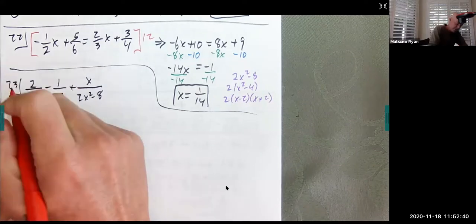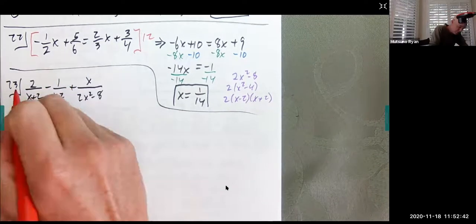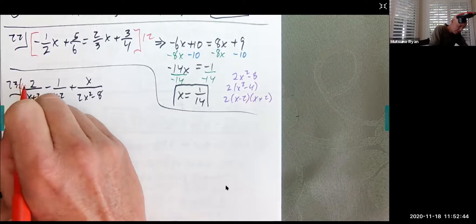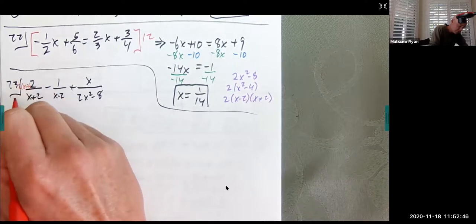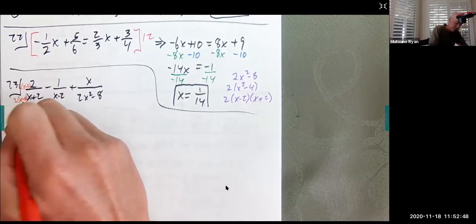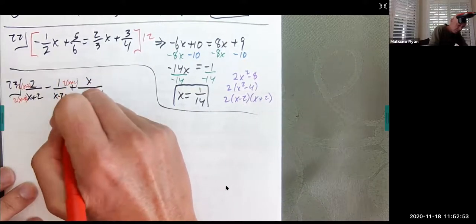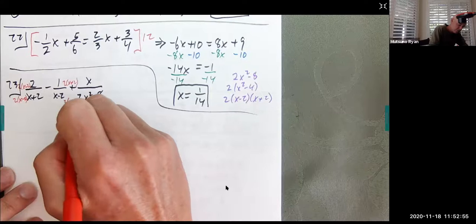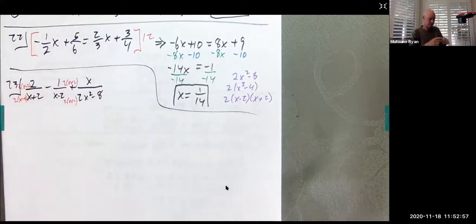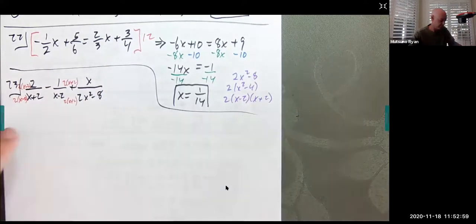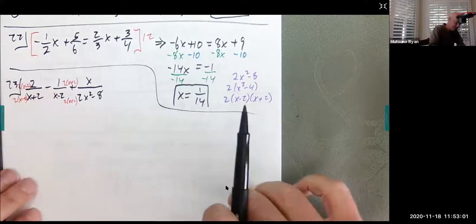And for this fraction, I'm going to have to multiply by 2 times x minus 2. This one I'm going to have to multiply by 2 times x plus 2. Got to be extra careful here. I'm going to have to distribute a negative there. Just be careful.